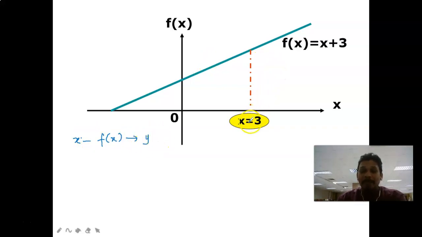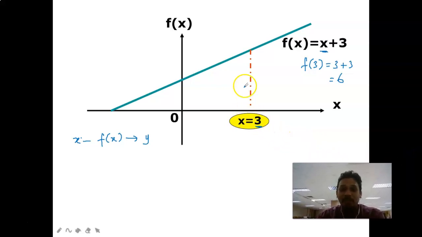So x is the input and y is the output. Now x equals 3, so if we substitute into f(3), we get 3 plus 3 equals 6. This is when x is exactly equal to 3.